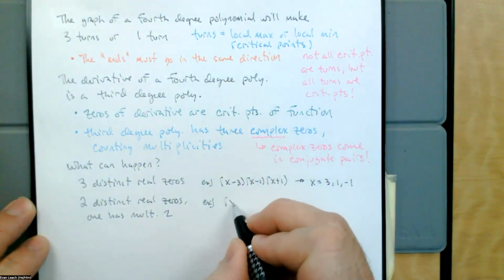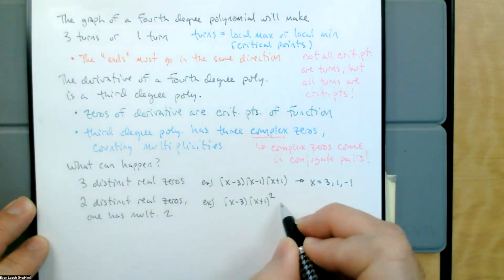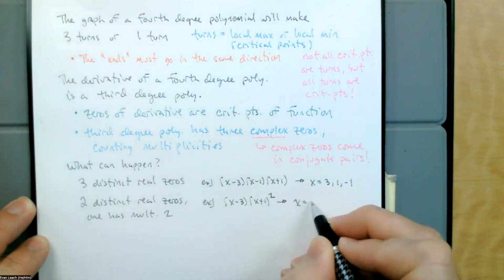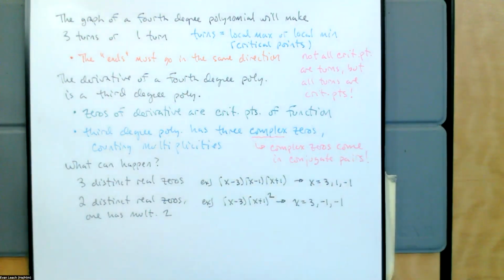So I might have x minus 3 times x plus 1 squared. There's a repeated 0 with multiplicity 2.